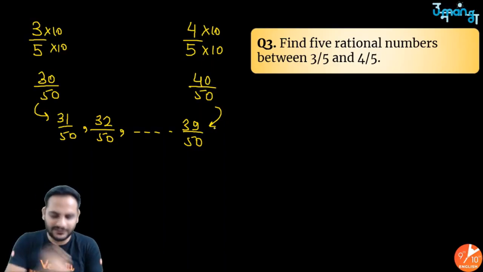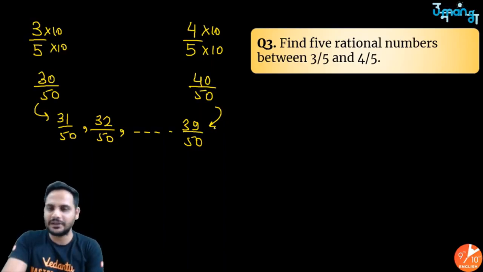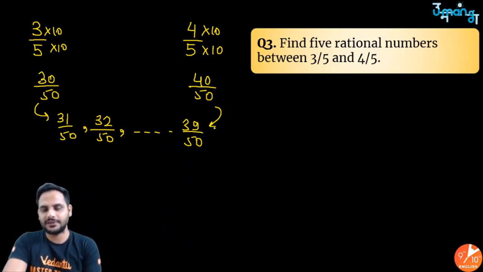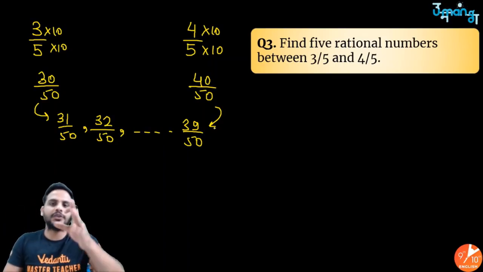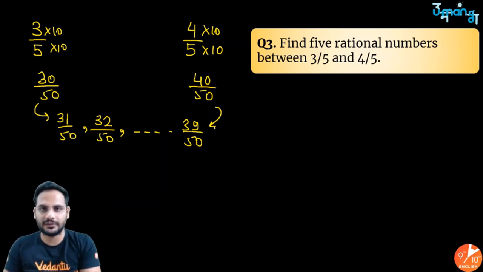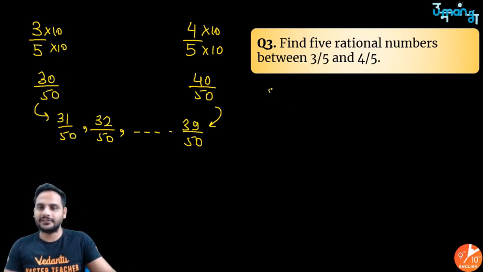See, so easy it is. The easiest tricks I am telling you. Right. So this is the easiest method. Suppose you want more than 9 numbers. For example, they told me to write 50 numbers in between them. So I'll say, okay sir, I have 3 by 5 and 4 by 5. Instead of multiplying with 10, I'll multiply with 100.